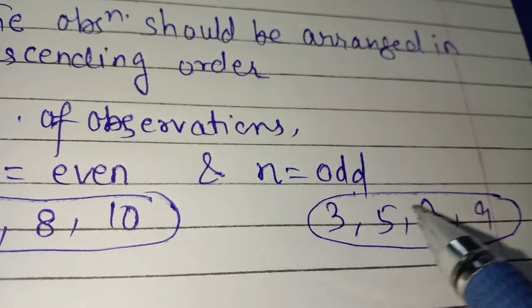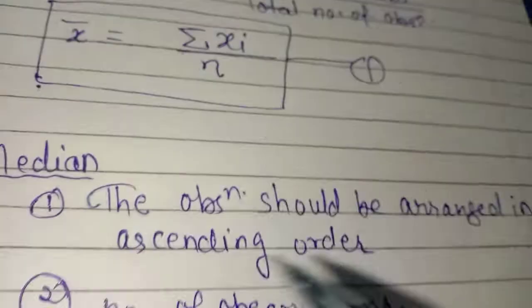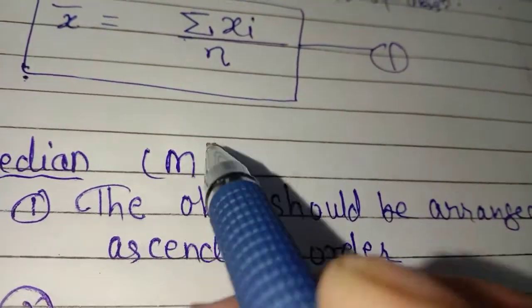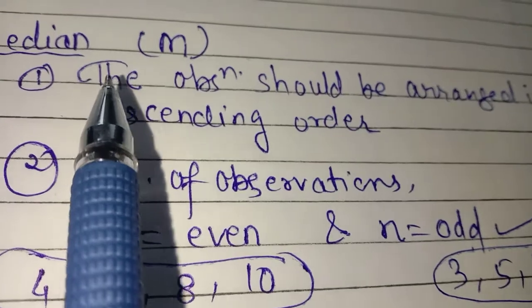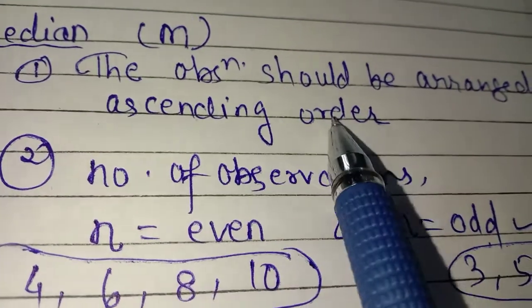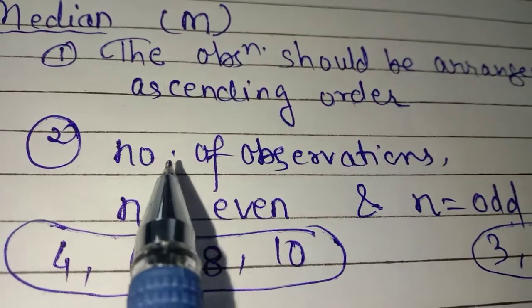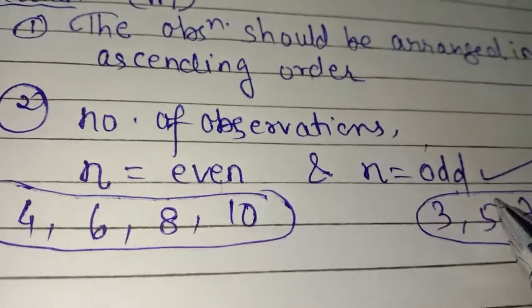So while finding the median, which is represented by capital M, the first process is to arrange the observations in ascending order, and then count the number of observations. Either they will be even or odd.